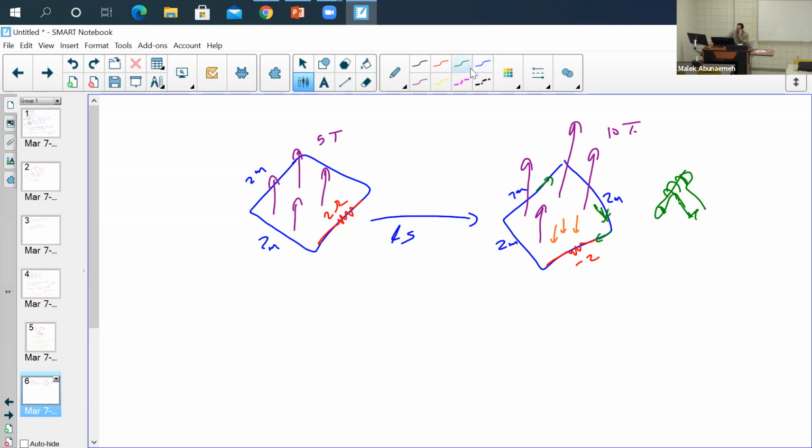Now, when you go from the first picture to the second picture, that's where you have your change in magnetic flux.